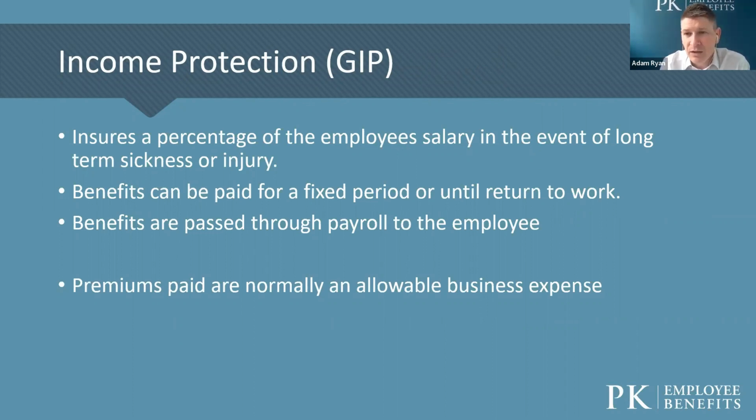Employees have come back to work after the pandemic and have got one eye on how they would be remunerated in the event of them being on long-term sick due to illness or injury. An income protection policy would pay out a percentage of the employee's salary to the employer to pass through payroll to pay to the employee until they're fit to return to work. It's an insurance that is becoming more and more popular again.